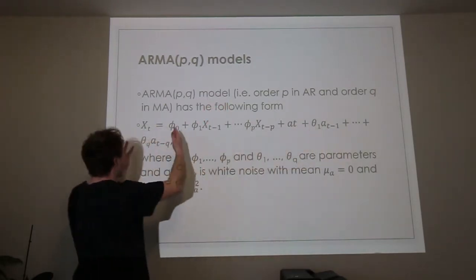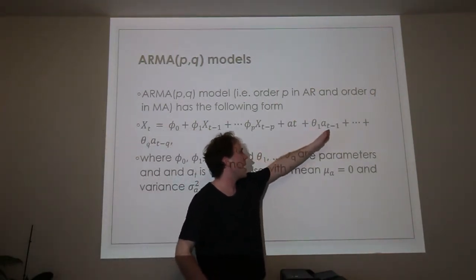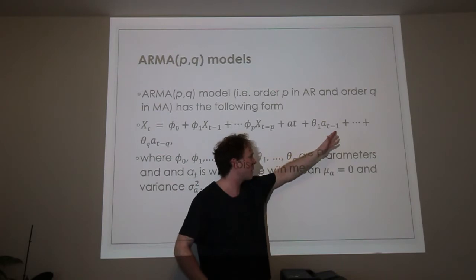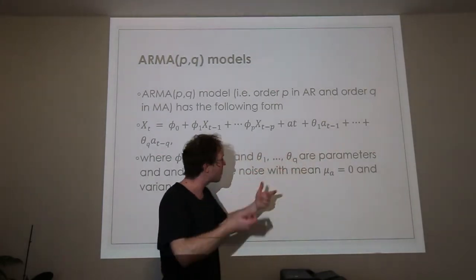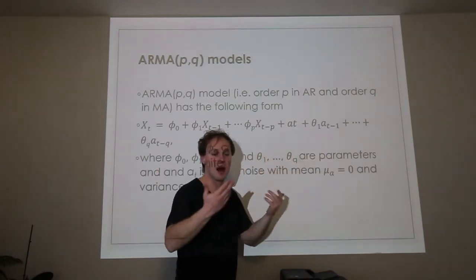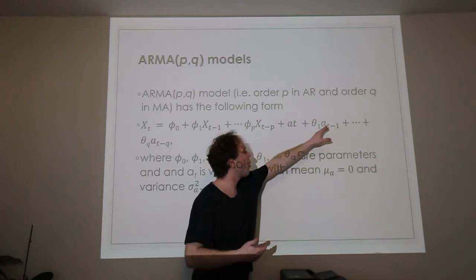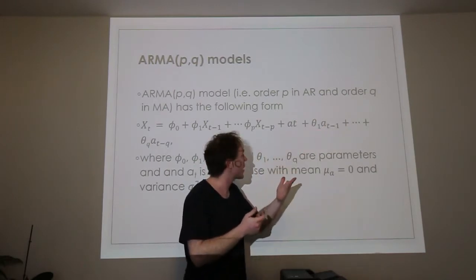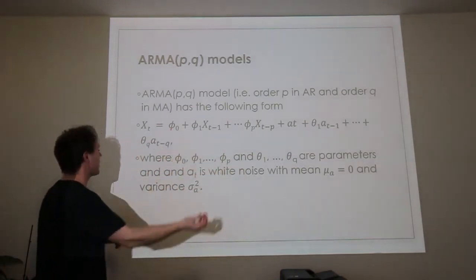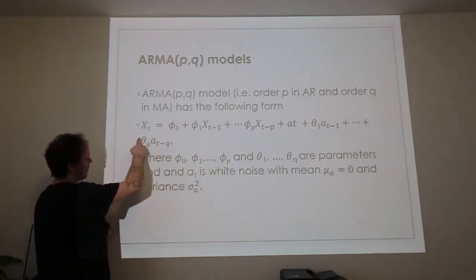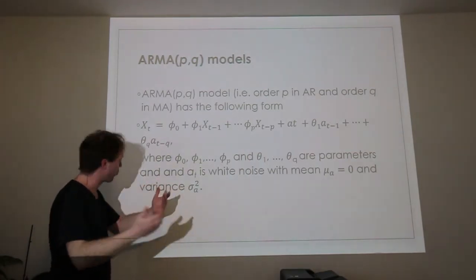And plus, there will start the moving average part. Theta 1 a in time t minus 1, theta 2 a in time t minus 2, etc., so some parameter theta times lagged value of the white noise process, a in time t minus 1, t minus 2, t minus 3, etc. until theta q a in time t minus q.